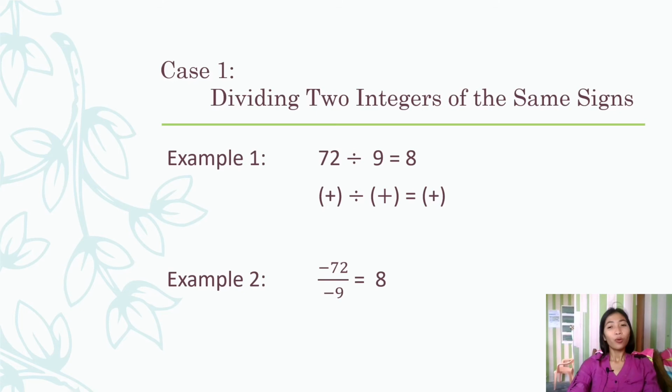When we have a fraction, it means that the numerator is being divided by the denominator. So the numerator is your dividend and the denominator is your divisor. Negative divided by negative is always positive.